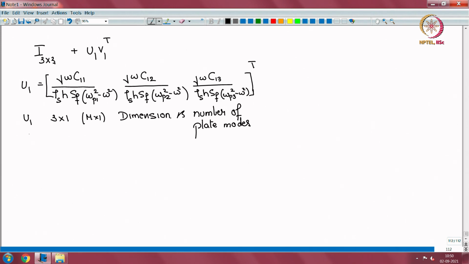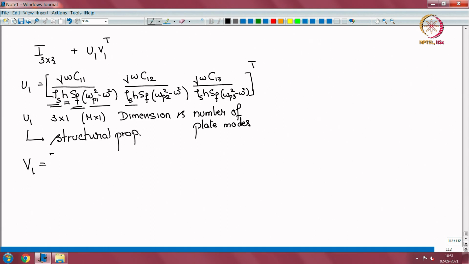And U1 is related to structural properties, plate properties. Okay, plate density, plate thickness, plate surface area, plate resonances. So you can see that plate resonance is related to structure.